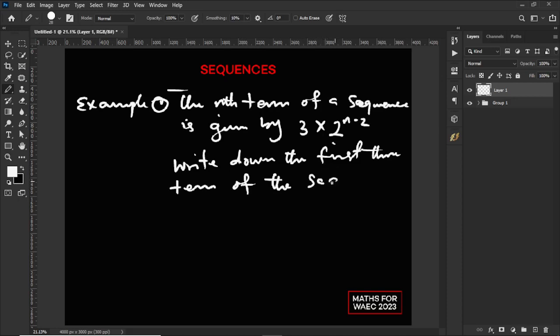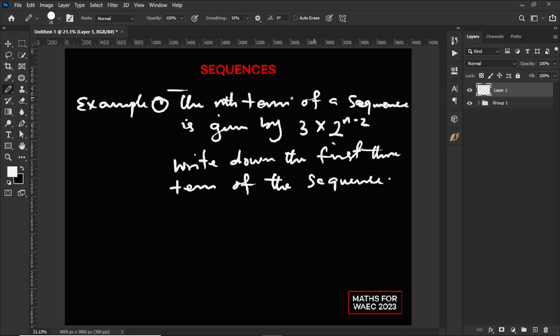That's example 1. Let me read the question again. The nth term of a sequence is given by 3 times 2 raised to power n minus 2. Write down the first 3 terms of the sequence. In this question, you're already provided with the formula for the nth term.